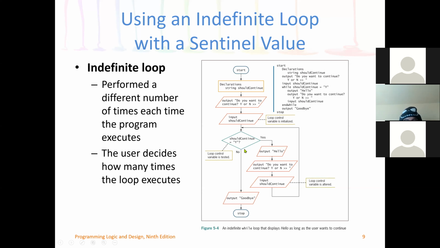So the first time, if I enter n or no, then our condition is false, which means the loop will not execute at all. Now if I enter yes, the condition is true, then it will execute. So that's again using a sentinel value to control the loop.